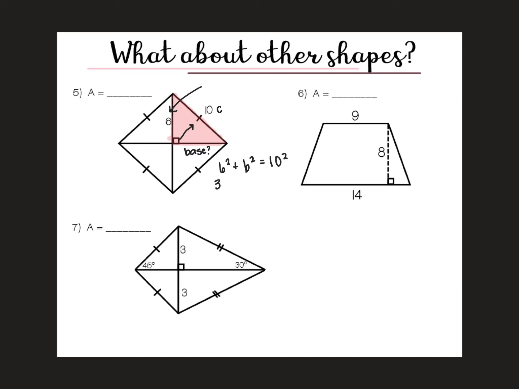So 6 squared is 36, 10 squared is 100, subtract 36 from both sides, b squared equals 64, which means that b is 8.